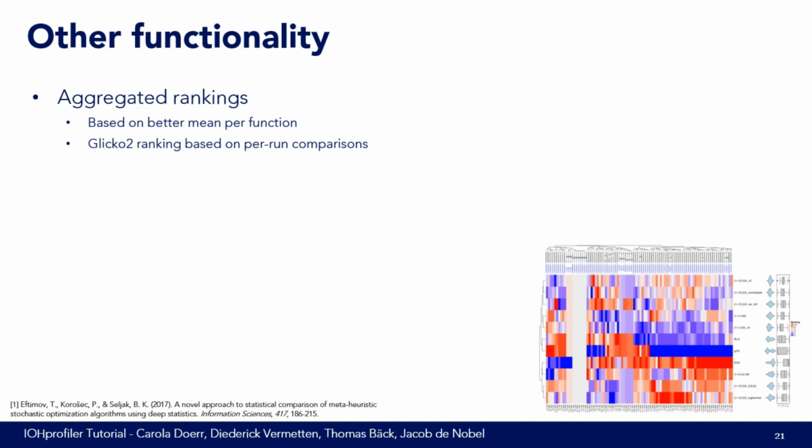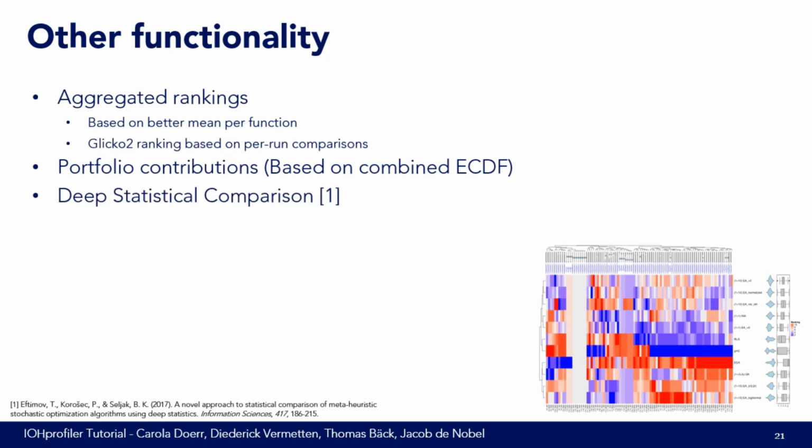We can calculate different relative rankings across different sets of functions for different sets of targets. We have portfolio contributions based on ECDF contribution. We have the deep statistical comparison tool integrated, and we have even options for looking at parameters if we track them over the search.